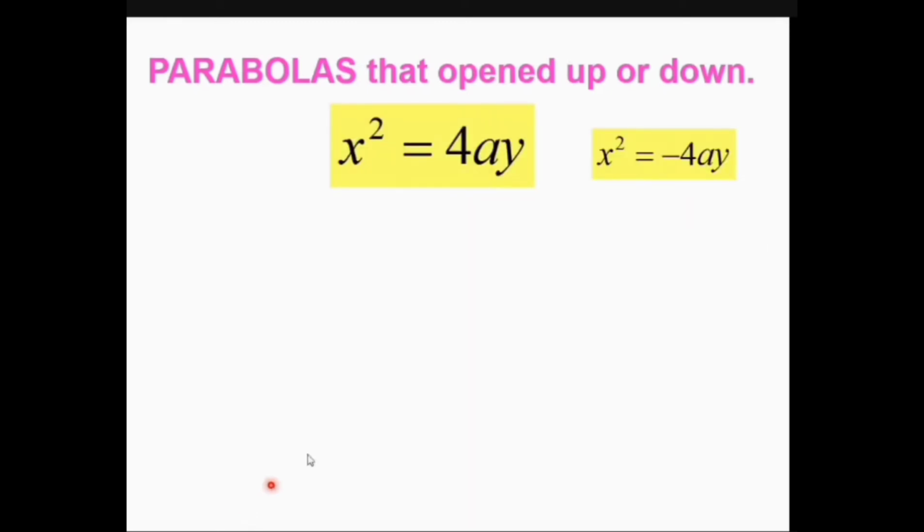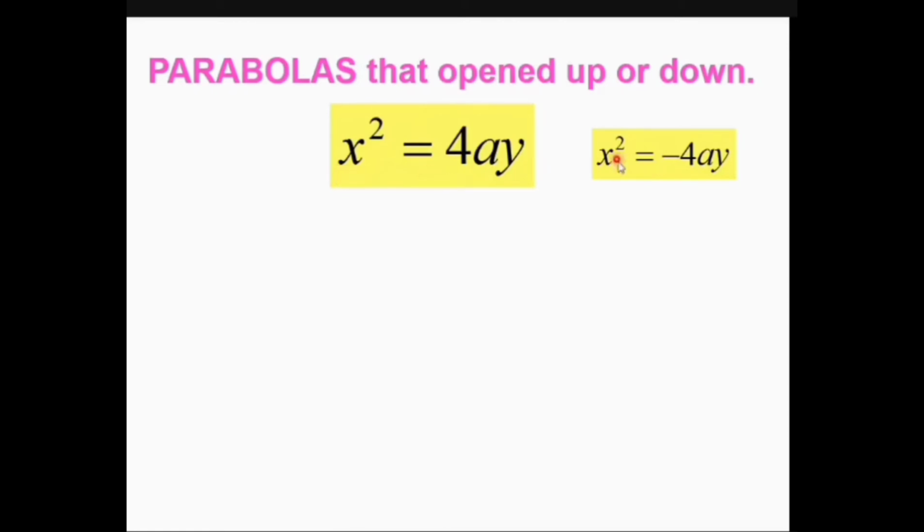Okay, how about parabolas that opens upward or downward? Okay, so the equation that we are going to use is x squared is equal to 4ay. Katulad ng sabi ko kanina, kapag yung parabola opens upward or downward, yung variable na may squared should be x.